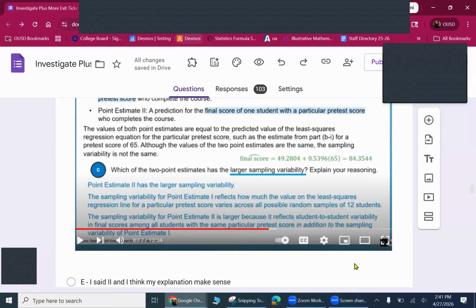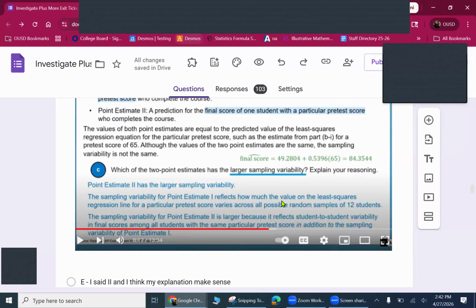Then they go back and address that the sampling variability for point estimate 2 is larger because it's student to student variability in final scores. This is not the only way to write it. I think what I would probably have said is, point estimate 2 is larger because for any particular student, their score could vary wildly from the predicted score, whereas a group of students on average are probably going to be closer to the predicted score because standard deviation is smaller for an average.